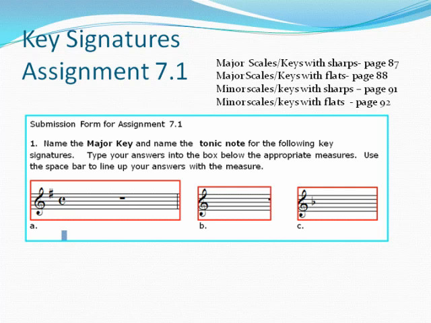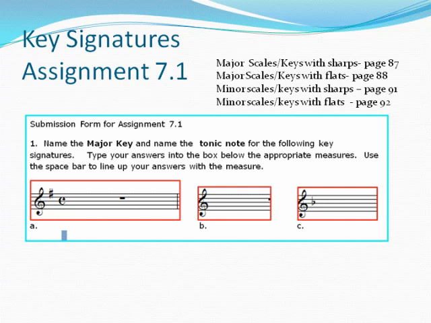You use the book to help you, and if you want, there are all those different websites in the bibliography that can help you too. Anyway, assignment 7.1 says name the major key and name the tonic note for the following key signatures. Type your answers into the box as you usually do.